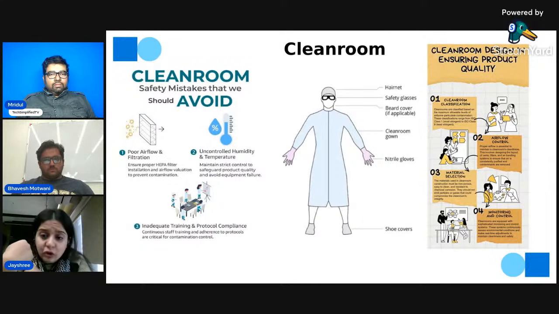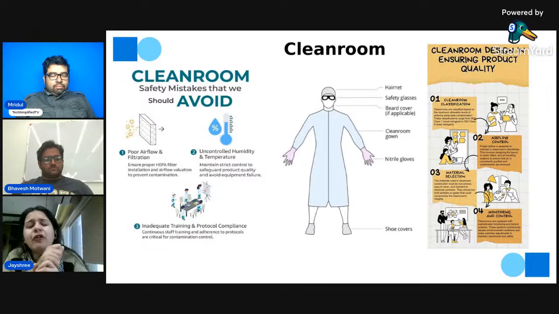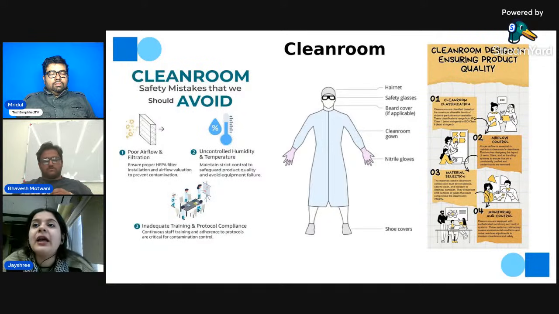Then a person should not work alone in the fab lab, because if something happens, there is someone else who could help you out.